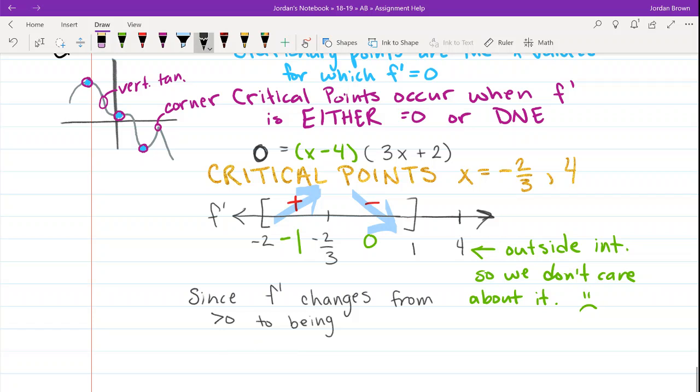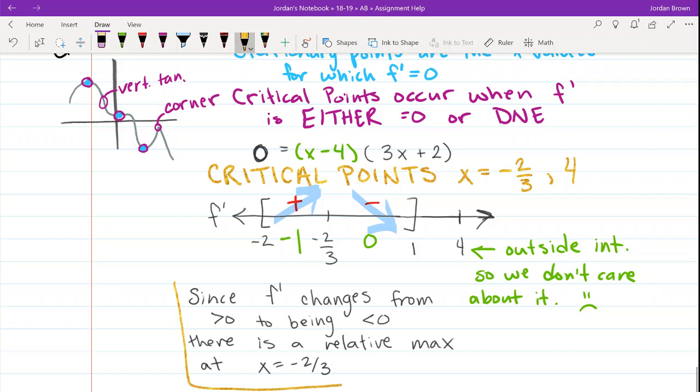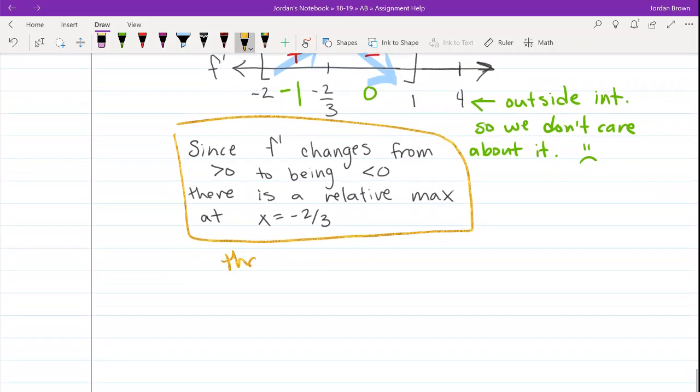There is a relative max at x equals negative 2/3. That's it for the first derivative test.